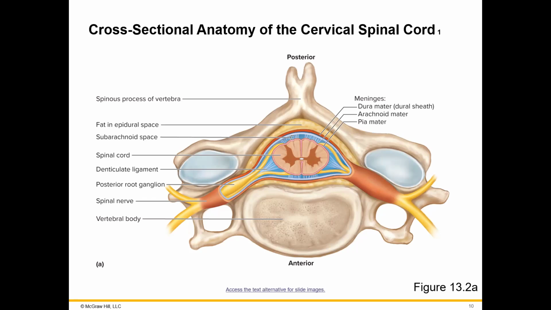So if you have two patients, patient number one has damage to the posterior dorsal horn, and patient number two has damage to the anterior horn. What do you think the symptoms will be like? How are the symptoms going to be different?